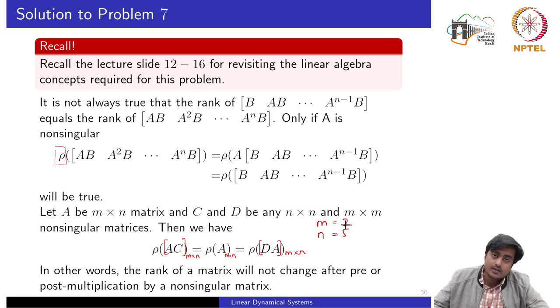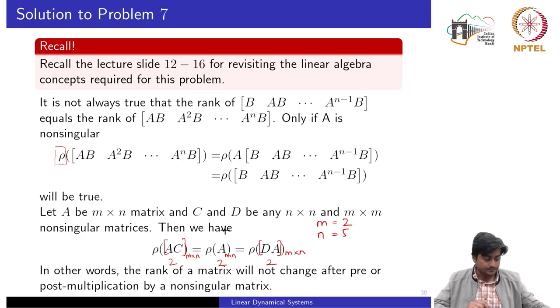Since m is less than n, the rank of A would be equal to 2. The rank of DA again would be equal to 2, and similarly the rank of AC would also be equal to 2. So this equality would always hold, which is equivalent to saying that pre-multiplying and post-multiplying a matrix by a non-singular matrix would not change the existing rank of that matrix.